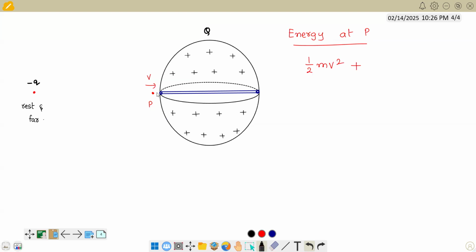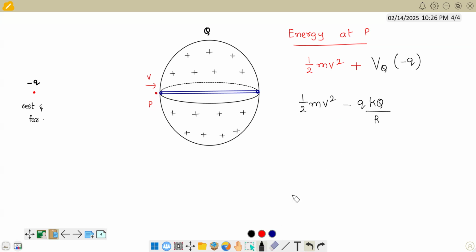It is still on the surface, so the potential due to Q into charge minus q, because potential energy is charge into potential.